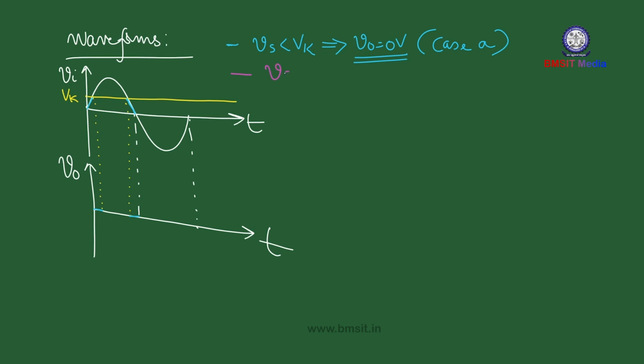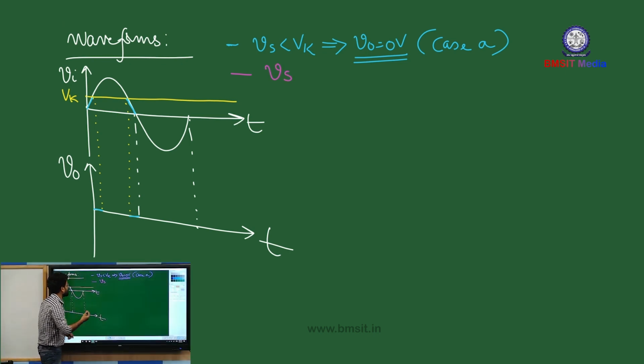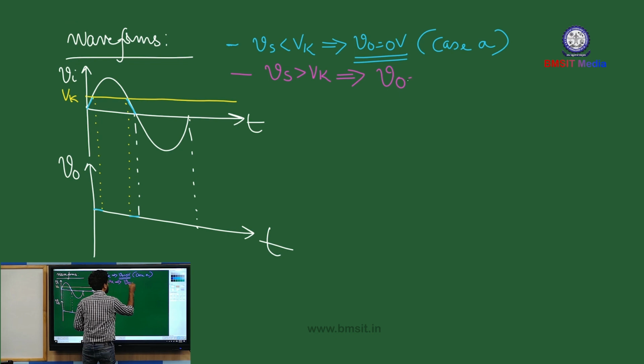Then you had the second case in which your source voltage was dominating the barrier potential Vk. During that case, you had obtained your output V naught is equal to Vs minus Vk.